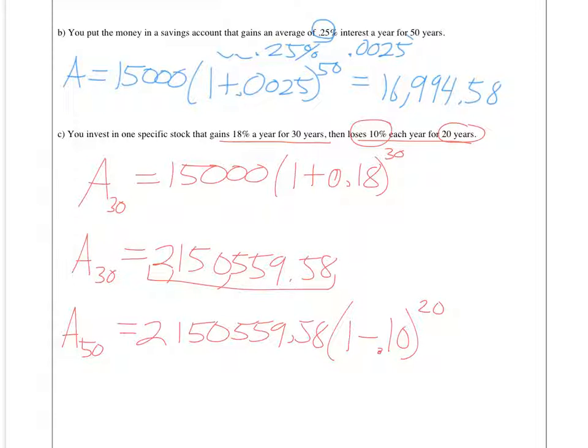Thankfully on my screen I can just copy paste things. So 1 minus 0.1 to the 20 years, we end up with $261,457.84.